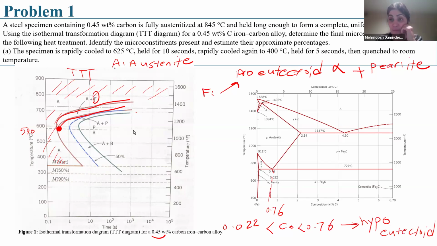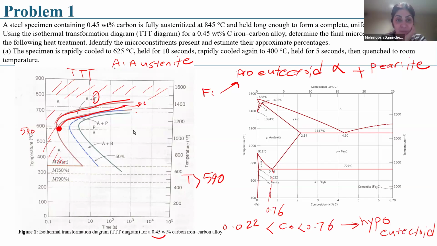It depends on the temperature. So if the temperature is more than 590 for this weight percent, definitely the final microstructure contains proeutectoid ferrite. Don't forget that.